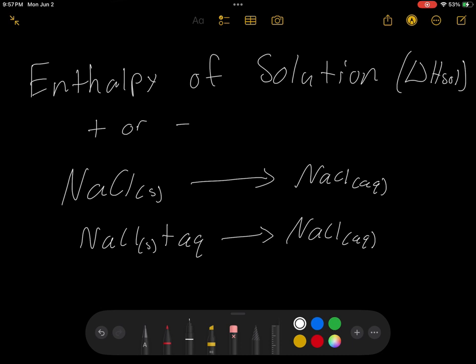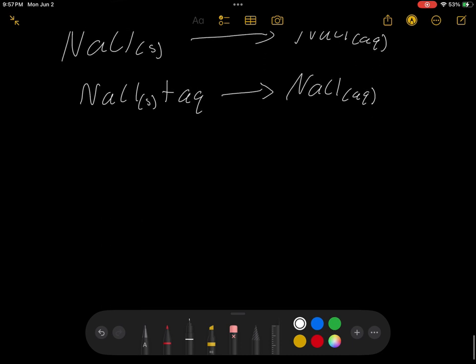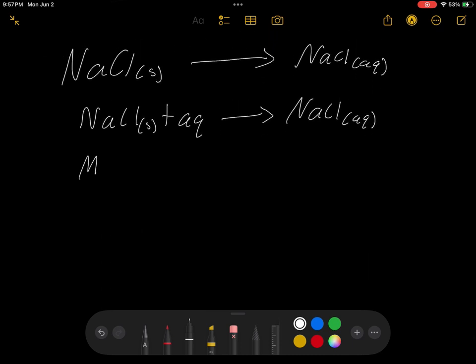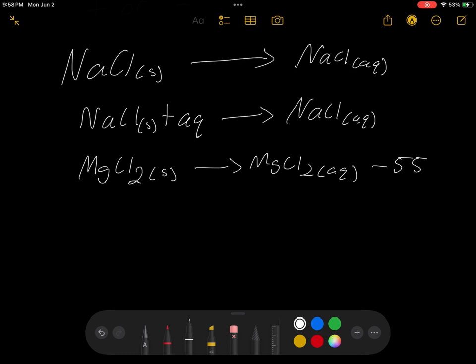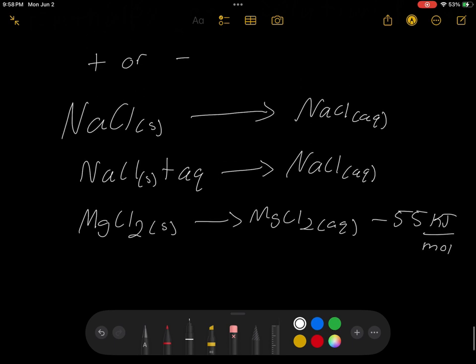So, for instance, and by numbers, I mean what I'm about to write. The enthalpy change of solution of magnesium chloride is negative 55 kilojoules per mole, right? Enthalpy change of solution for sodium chloride is positive 3.9 kilojoules per mole, right?